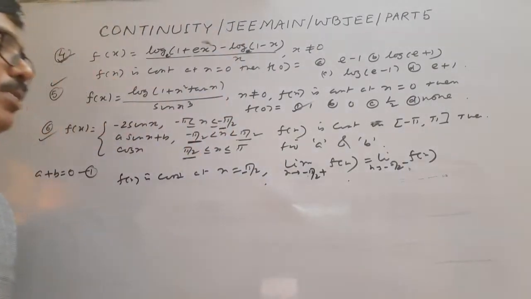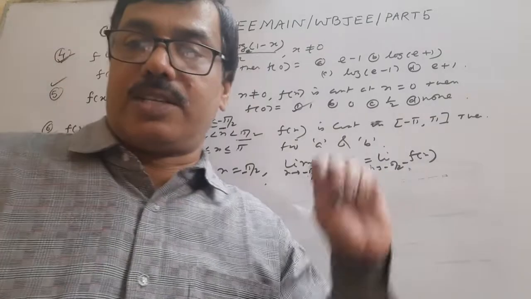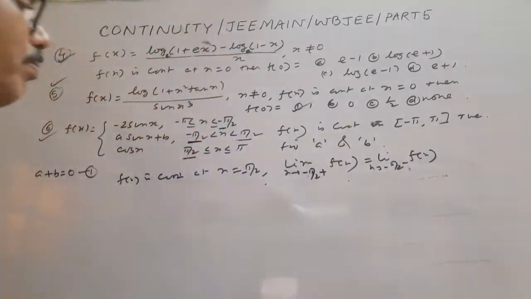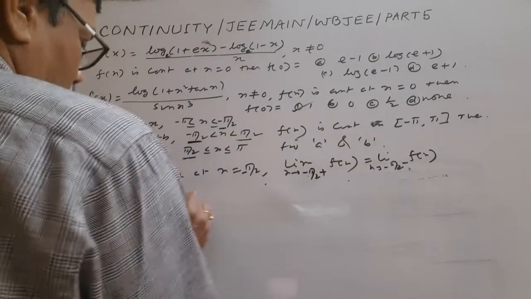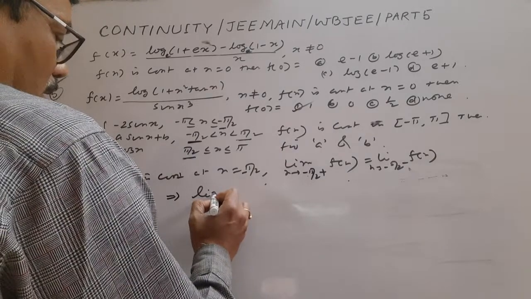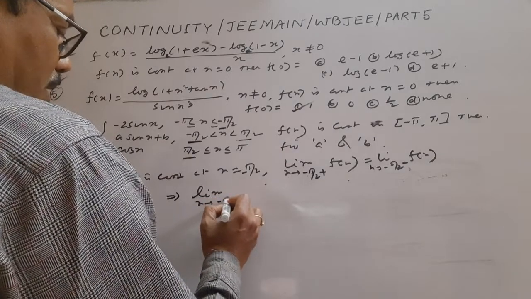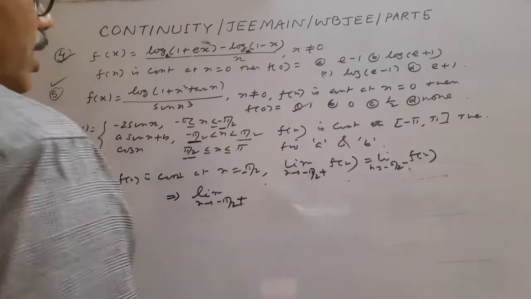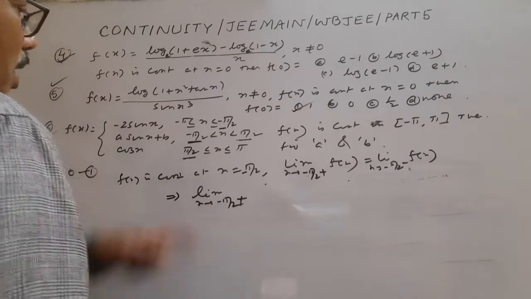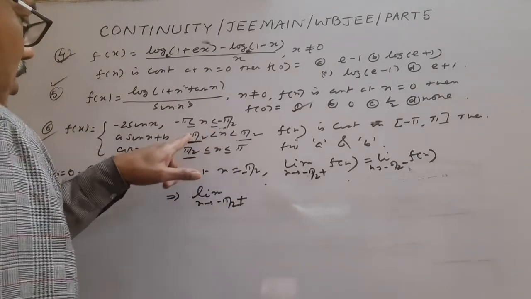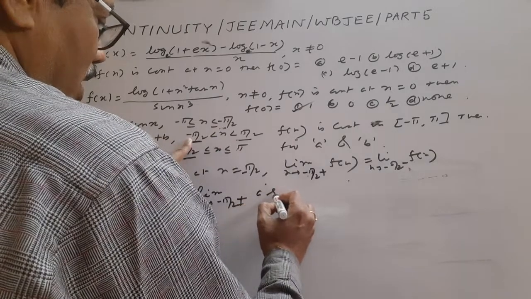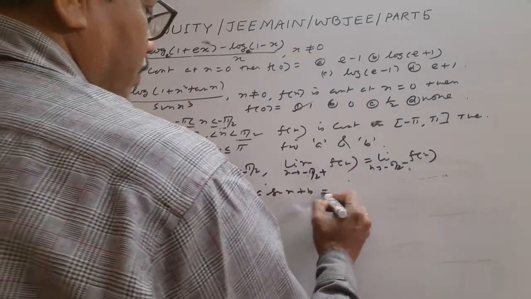So use the definition of continuity at x equals minus pi by 2. So limit x tends to minus pi by 2 plus, greater than minus pi by 2: a sin x plus b.